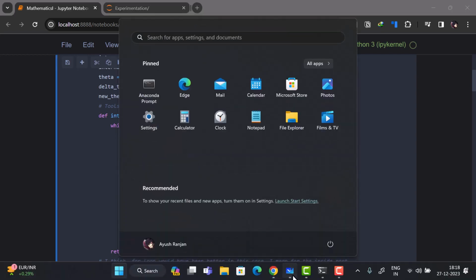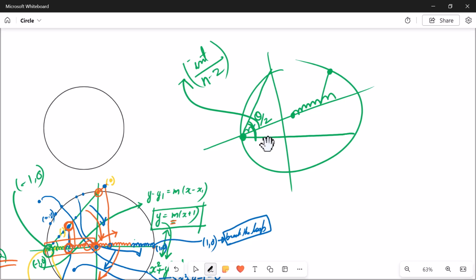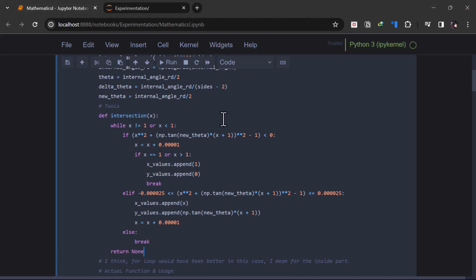It can start from any value of x. If you want the loop to start from this value, it will start the incrementation and calculation of intersection points from this point. So you can specify which point you want to start from, but obviously we'll start from the initial x.